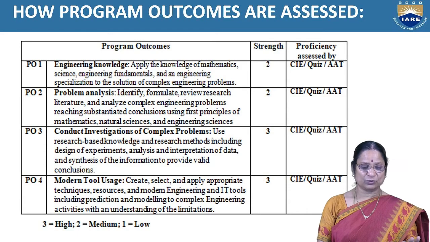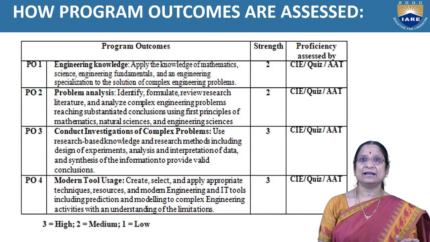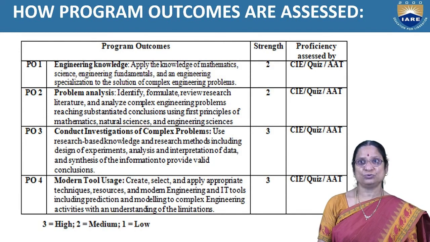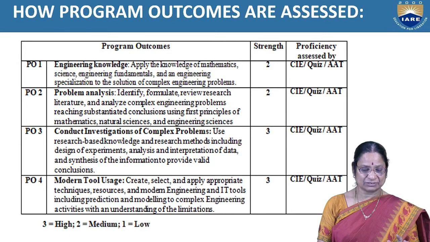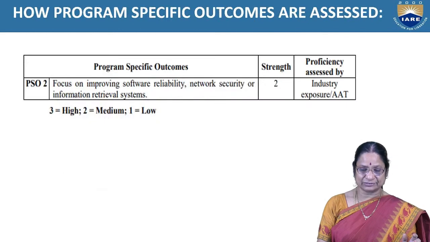So that's why PO4. So PO1, PO2, PO3, PO4 are relevant to this course, and the strength of program outcome 1 is 2, and the strength is 3 for the conduct of investigations of complex problems and modern tool usage. These 2 have high strength.